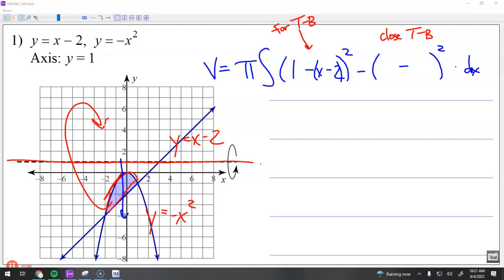And then the equation that's closer is the one I came through first, and that is the negative x squared. And how far apart are 1 and negative x squared? Top minus bottom, 1 minus negative x squared. And then if you type that in, you should get the answer.